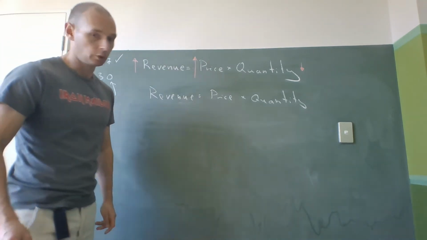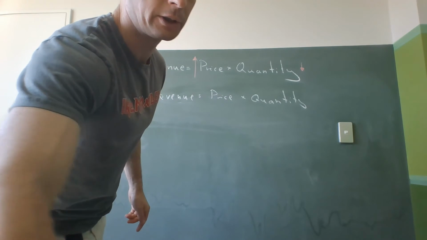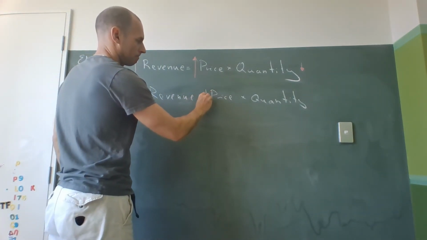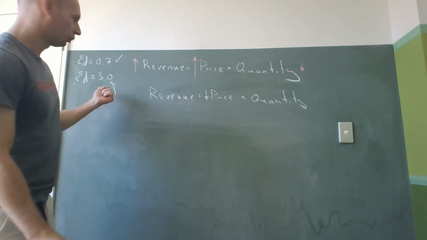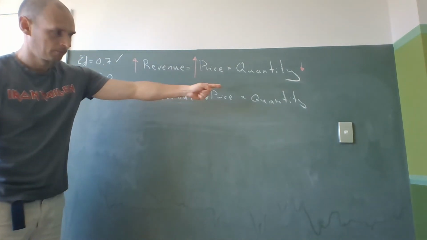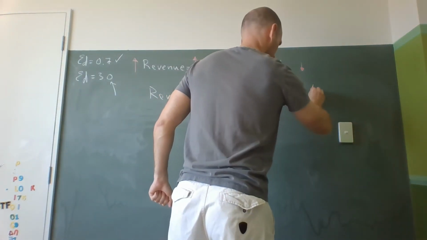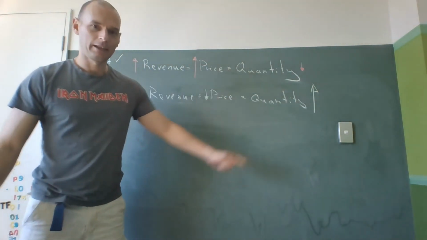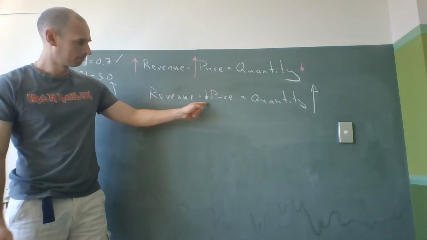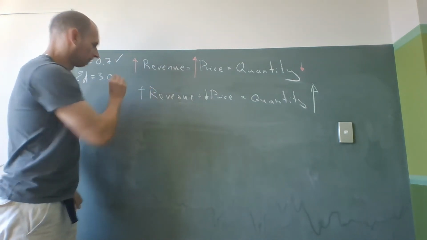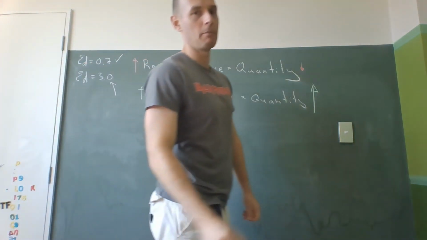What am I going to do? Well, I will decrease my price by 10%. Well, you see where I'm going with this. My quantity will increase by 3 times as much. Again, the up arrow outweighs the down arrow. The result will be an increase in my revenue.